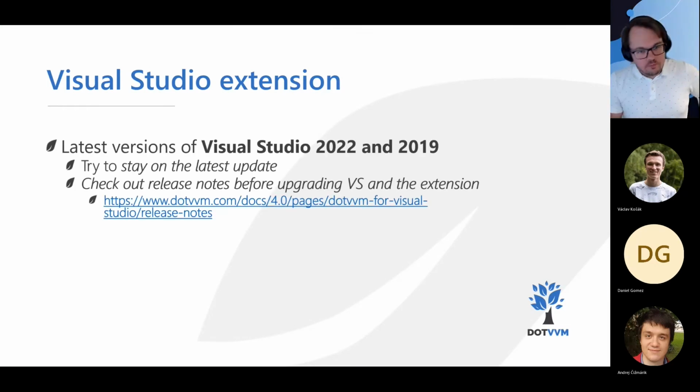Basically, DotVVM supports the best support you can find in big Visual Studio 2022 and 2019. We have Andre on this call who is maintaining these two extensions, and basically we are trying to get running on the latest update. So whenever Microsoft releases a new update of Visual Studio, we immediately get this version and recompile our extension based on the latest versions of Visual Studio 2022 and 2019.